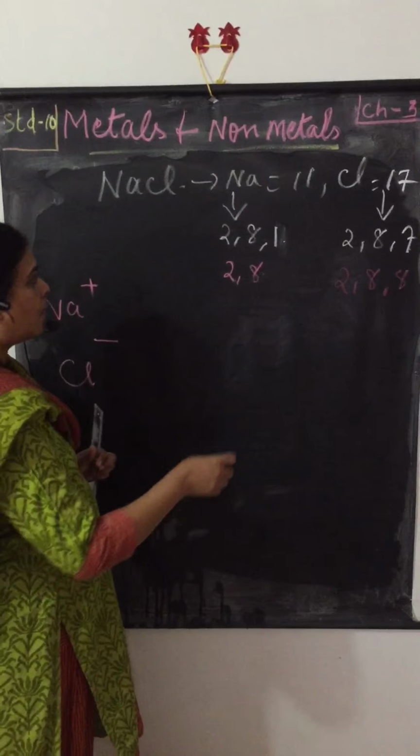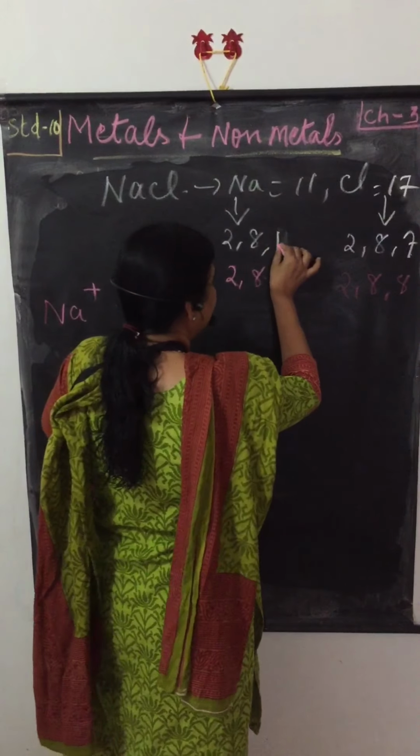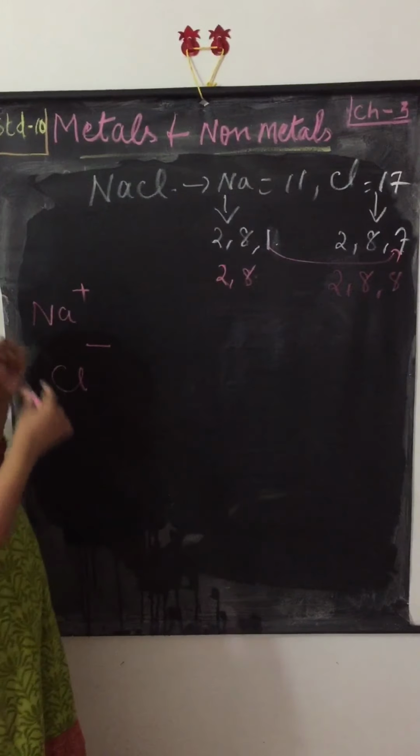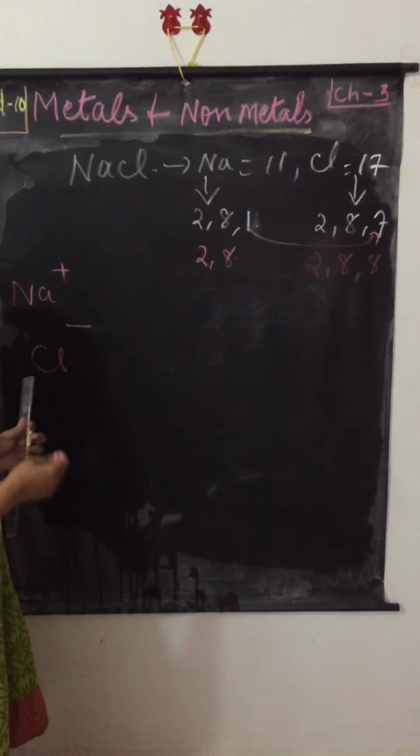One electron from sodium is given to chlorine so that chlorine has 8 electrons. It's a stable configuration.